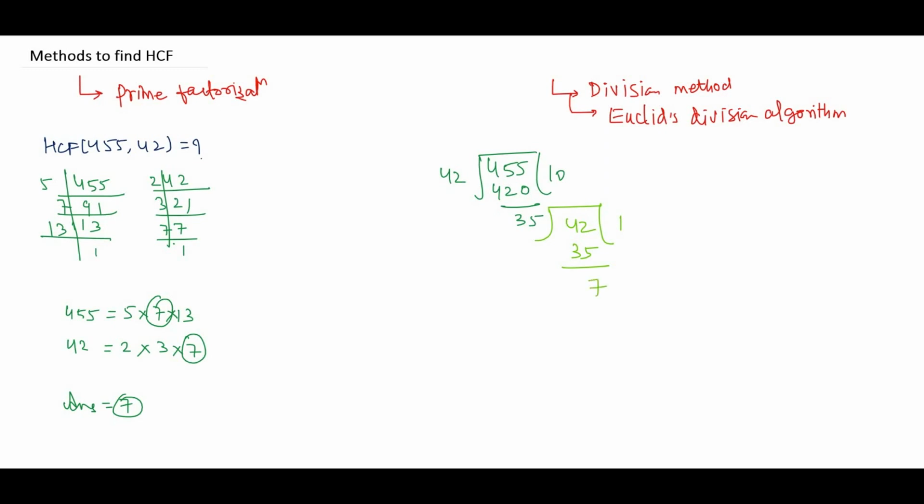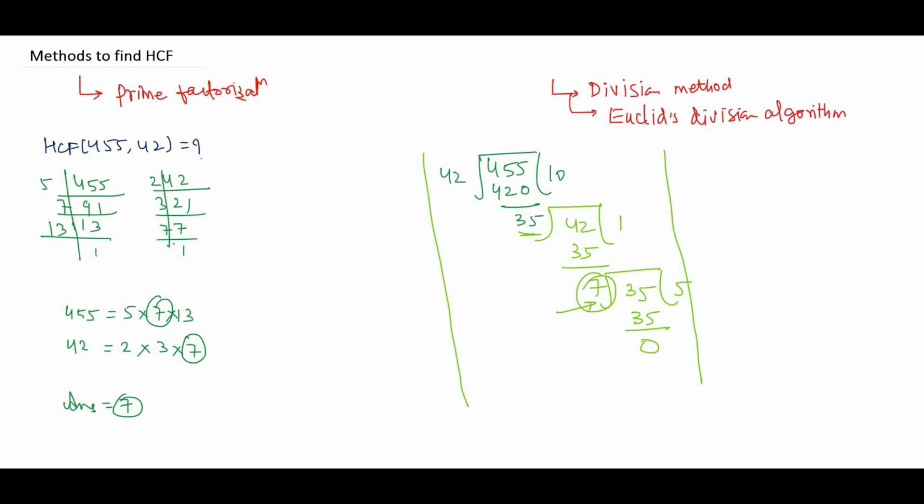Now this divisor of the previous step will get divided by the remainder 7, so 7 fives are 35. If you get remainder 0, stop. This divisor will be the highest common factor.